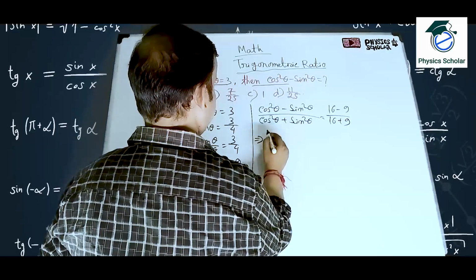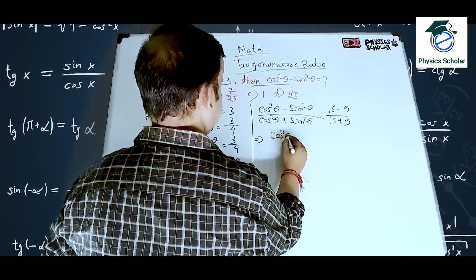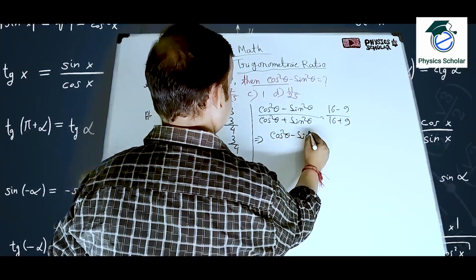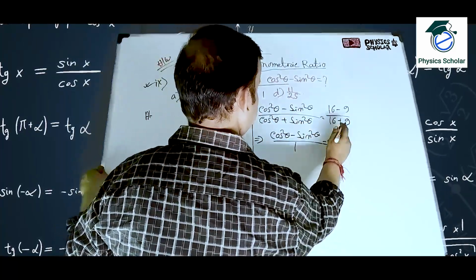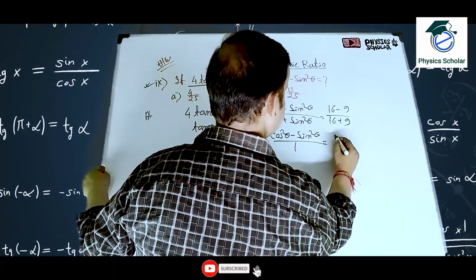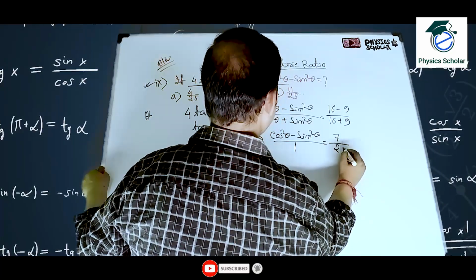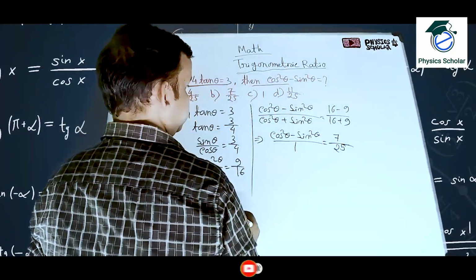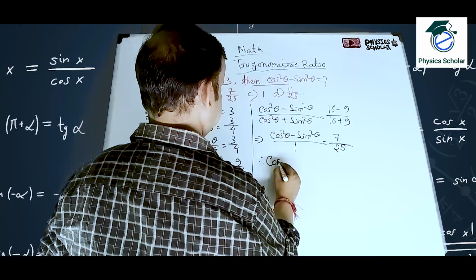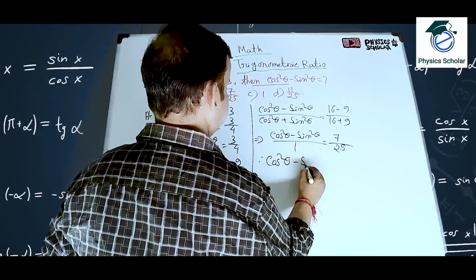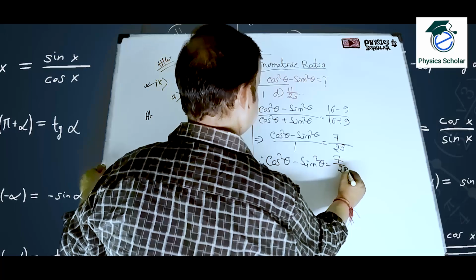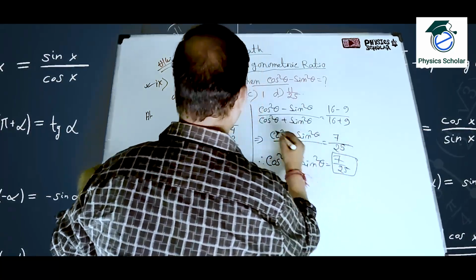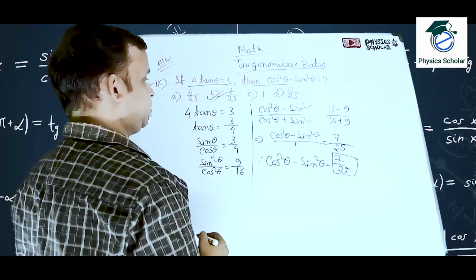So that means cos square theta minus sin square theta divided by sin square theta plus cos square theta, which is 1, is equal to 7 by 25. So cos square theta minus sin square theta is equal to 7 by 25. So option number B is correct.